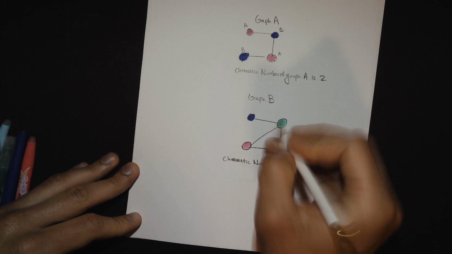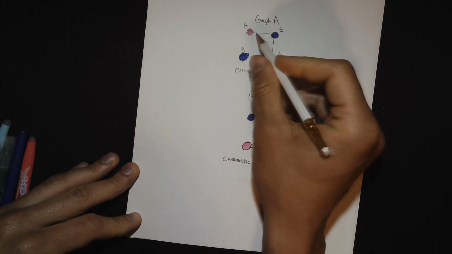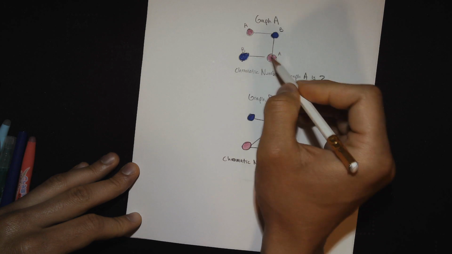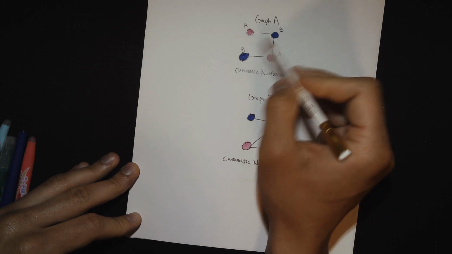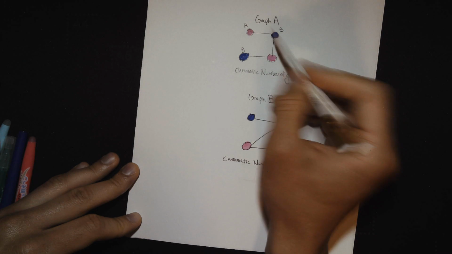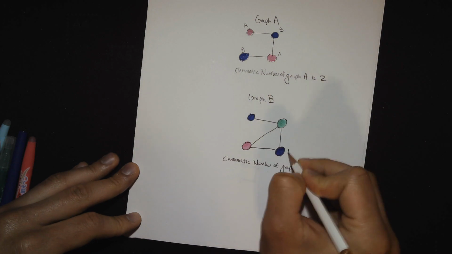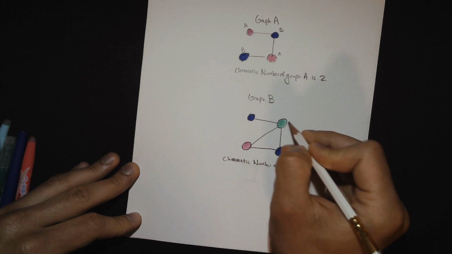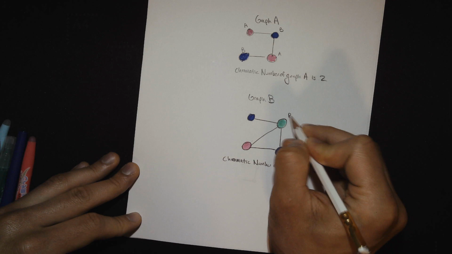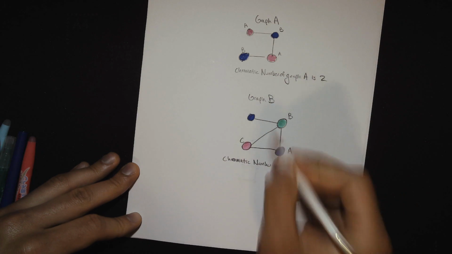Okay, so in this case, this only needed two labels, A and B, right? So these aren't adjacent, so these can share the same label A. These aren't adjacent, so they can share the same label B, and everything is good. In this case, if we labeled this A, these need to be two different labels from this one, and they also need to be different from one another because they're adjacent themselves.